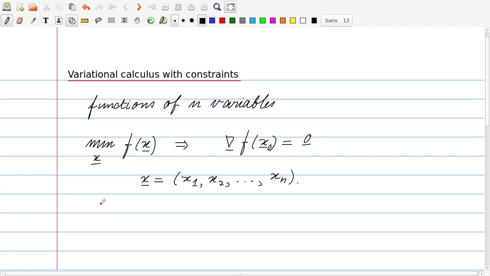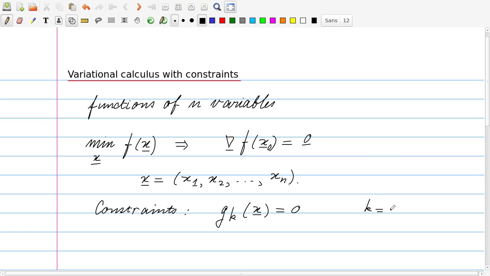But now we introduce constraints, and these constraints have the following form. We require that g_k of x equals 0, where g_k are functions also depending on n variables, and we have K of those.